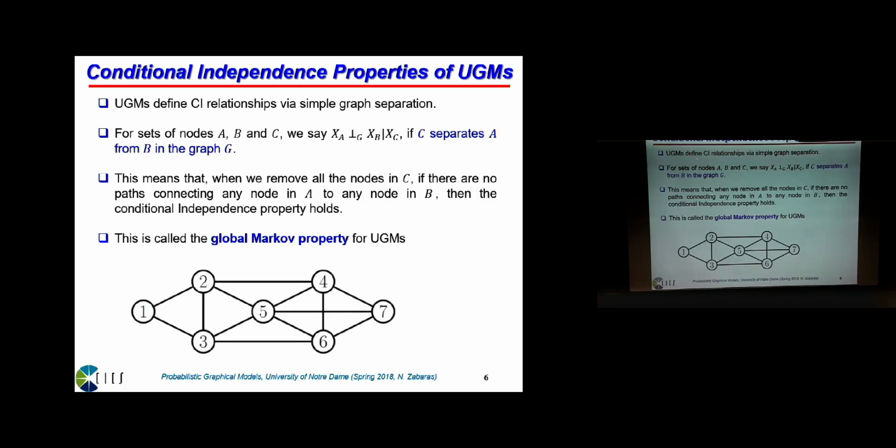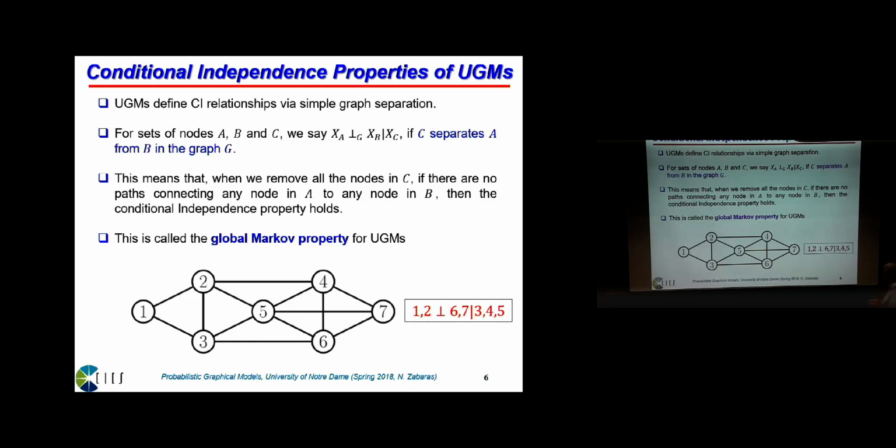In undirected graphs, the conditional relation that we have played with is defined by separation. XA is independent of XB given XC when any path from XA to XB has to go through XC. This is what we call the global Markov property.